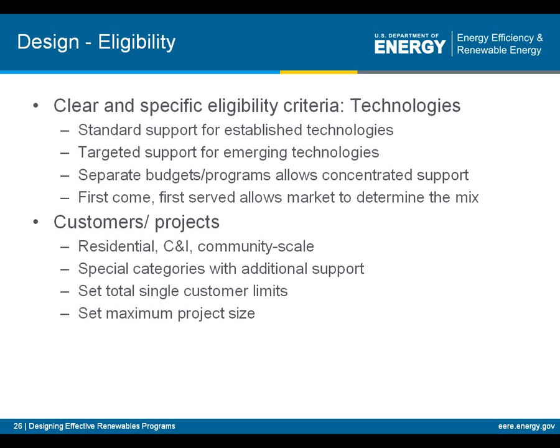For example, nonprofits who not only may need additional support, but may have additional program characteristics that are helpful for them, a longer period of time for them to make the decision to finance because of their procurement processes, or a longer installation window may be allowed for a special customer category like that.